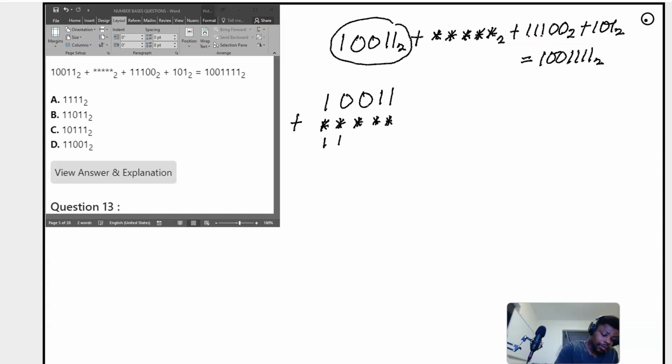This is 101. So base 2, and they said they got 1111001 base 2.